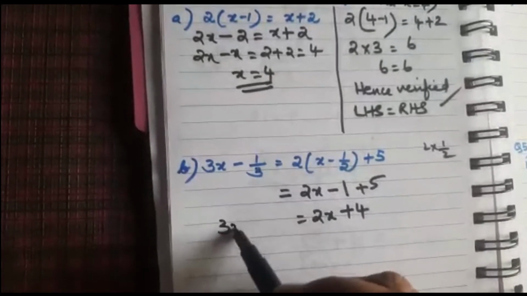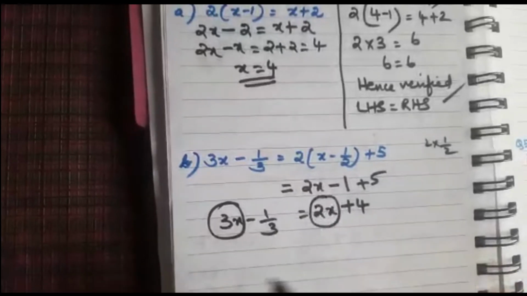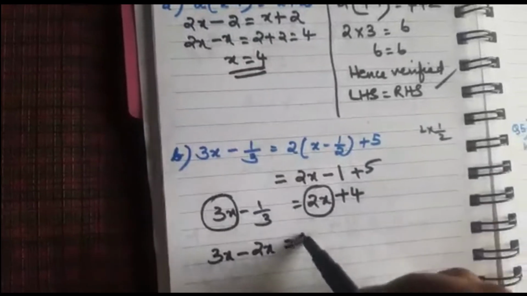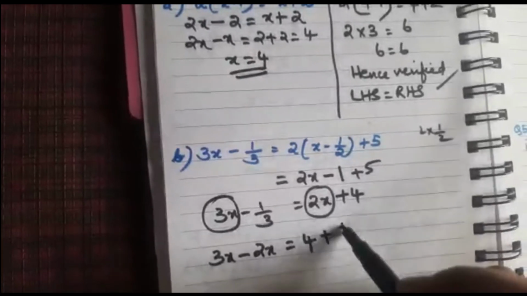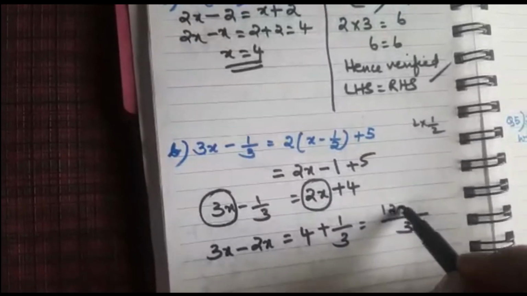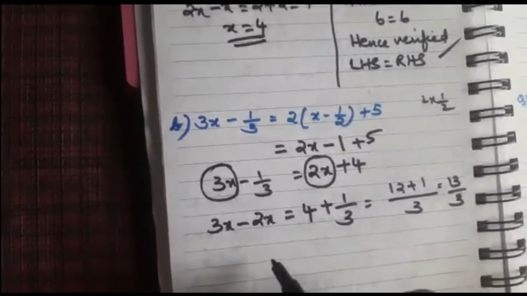Here you got it as 3x minus 1 by 3. Now these are having variables, so I am putting them on one side. Minus 2x equal to 4, and minus 1 by 3 will become plus. Take the LCM. 3. 4 3s are 12 plus 1. That is 13 by 3. So 3x minus 2x is x.